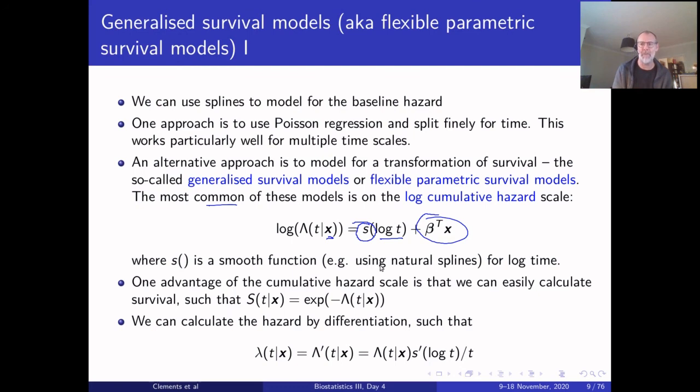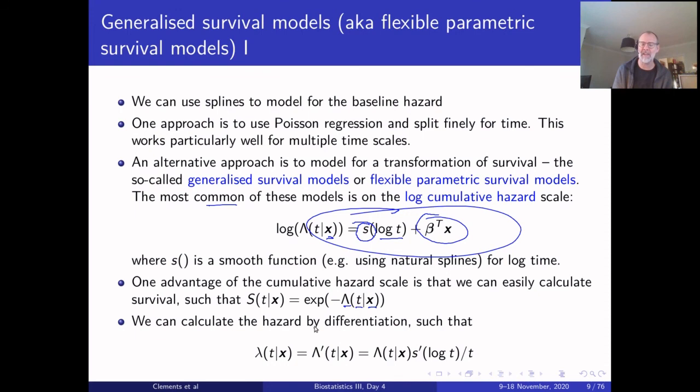I think the default for the parametric models that we use is natural splines, but we can use other smoothers as well. One advantage of the cumulative hazard scale is that we can easily calculate survival. Survival at time t given covariates x is equal to the exponential of minus capital Lambda of time t given x from this expression here.